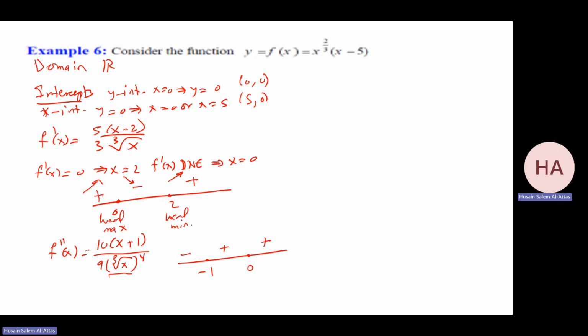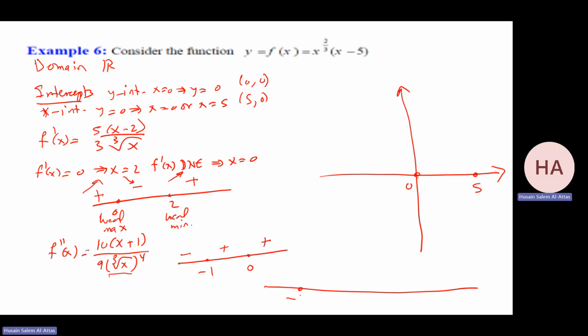Now I need to check the asymptotes or the graph. That I have (0, 0) and (5, 0). So now, if I put those in ones, I think it's always better to do this.